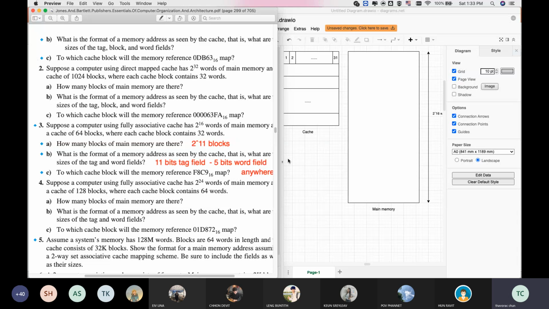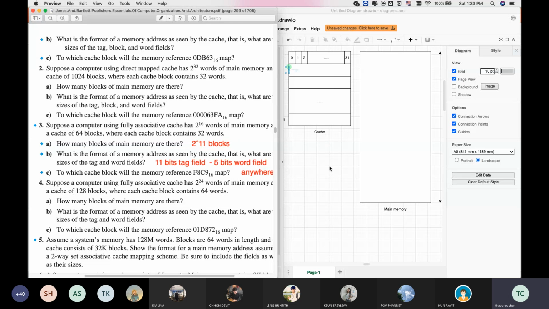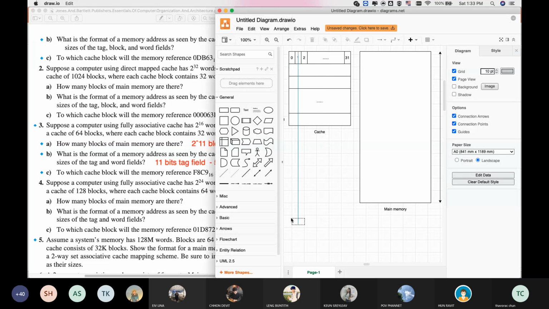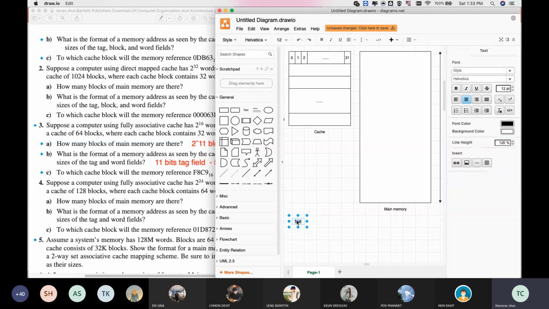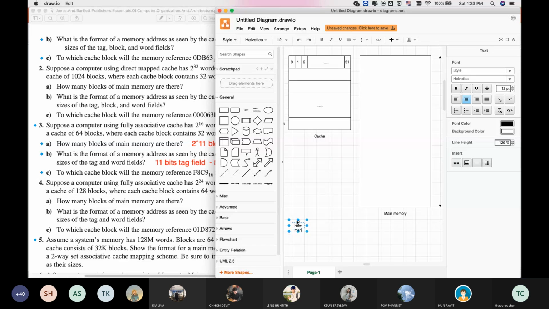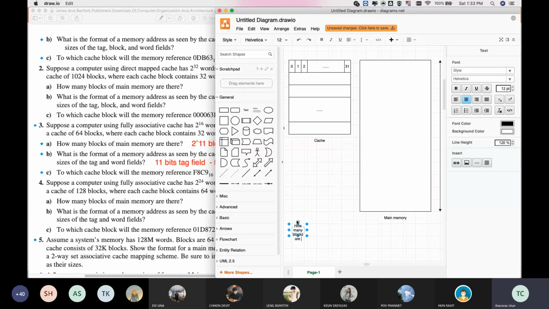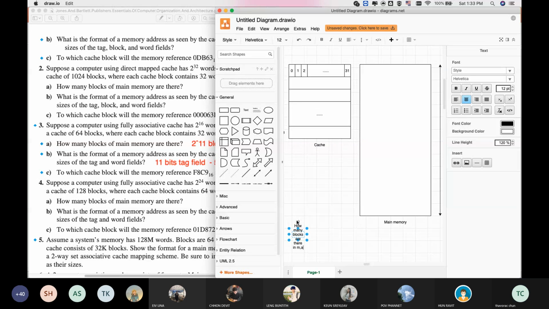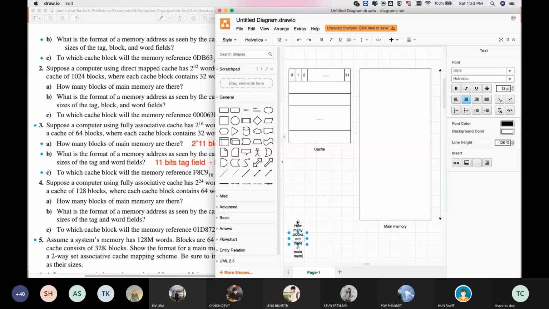So question A, simple, I will do it for you. How many blocks are there in memory?